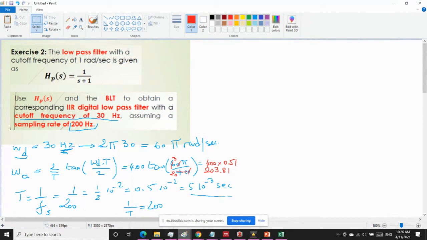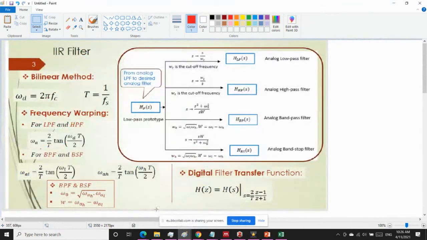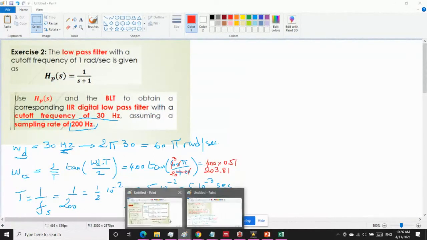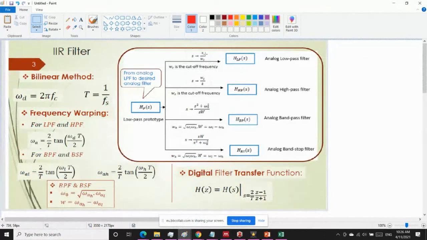So the next step: we need to do the warping to find the low pass filter. What do we want exactly? We want a digital low pass filter, yes. So we need to use this transformation, this warping, to find the analog low pass filter.